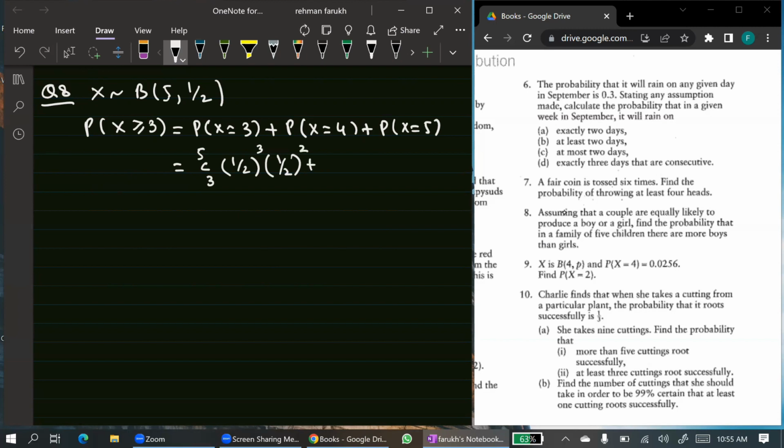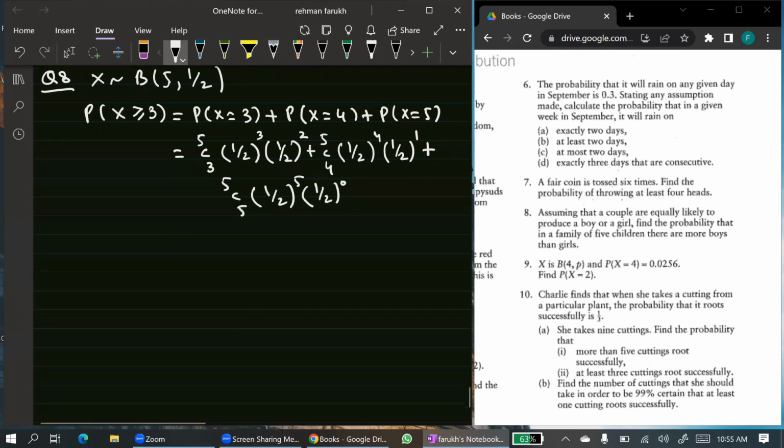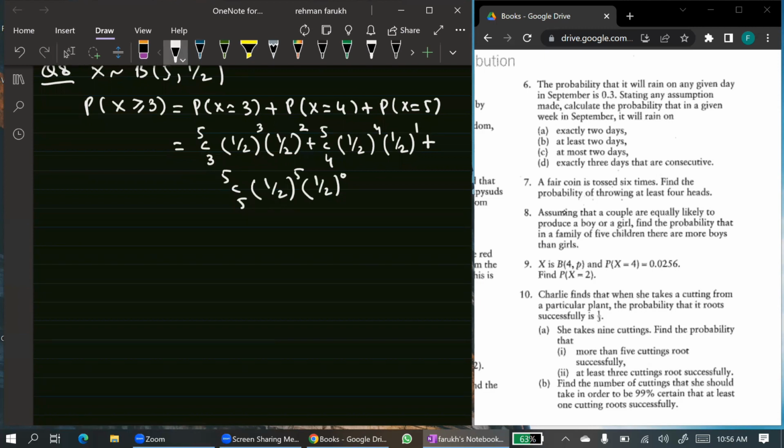Plus 5C4, 1 by 2 power 4, 1 by 2 power 1, plus 5C5, 1 by 2 power 5 and 1 by 2 power 0. We will put this expression into the calculator to get the final answer.